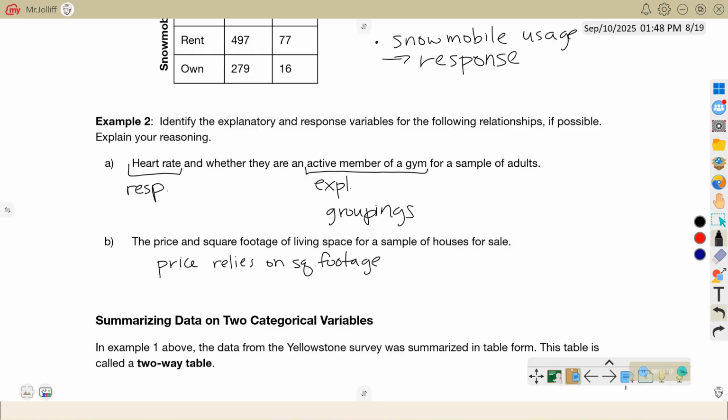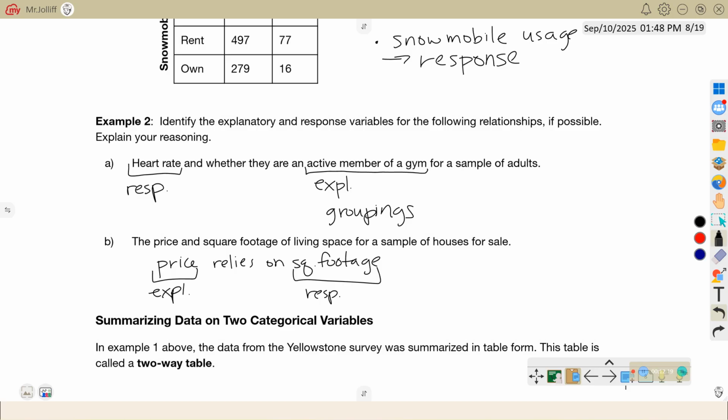So which one is the explanatory in that case? We're going to talk about it. It's not wrong, but we're going to talk about it because I want to see if anybody else said something different.